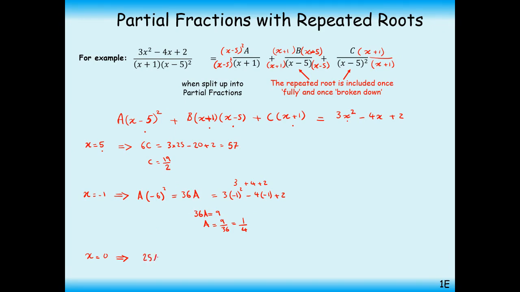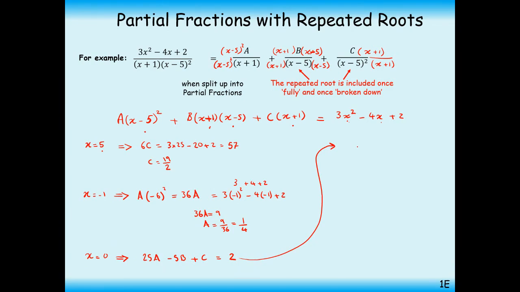25a. We will have 1 times minus 5, which is negative 5b, and 1c. On the right side, when x is 0, we'll have simply 2. Okay, so the fact that we know what values a and c are will help us calculate the value of b.